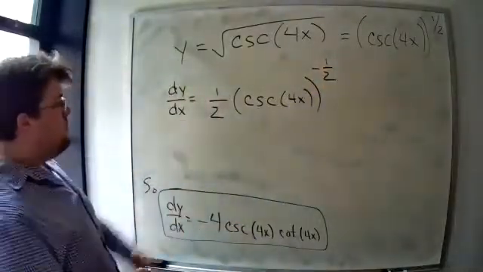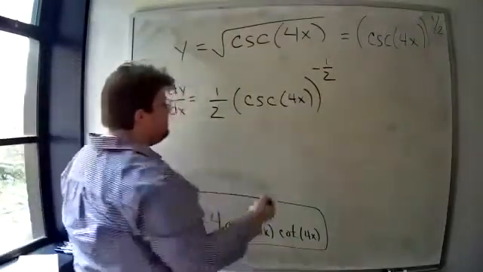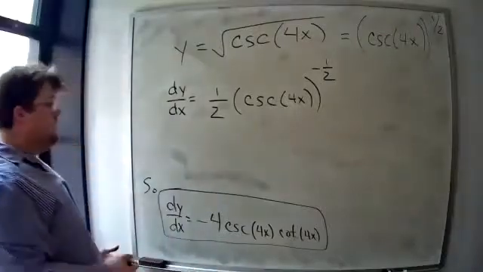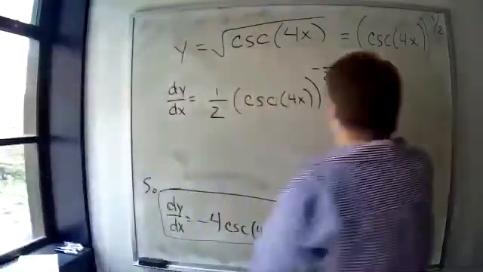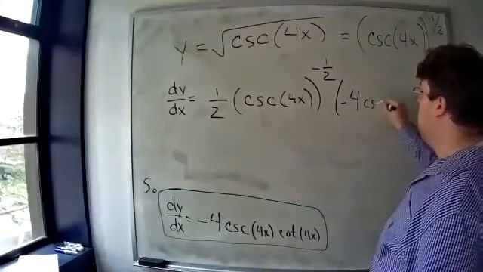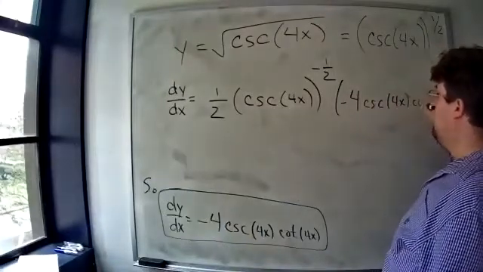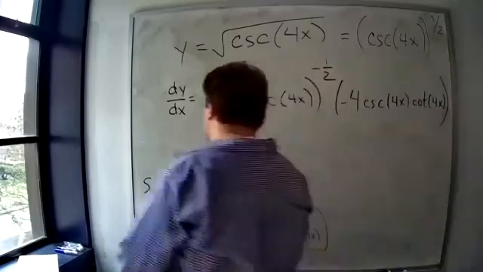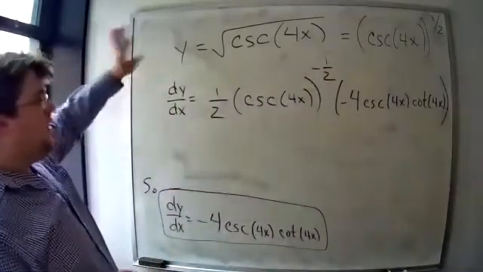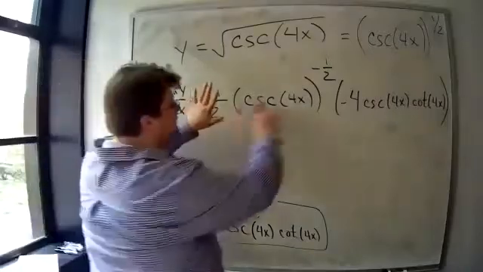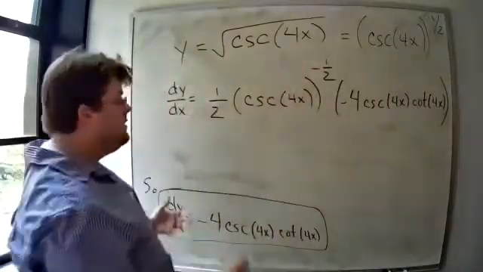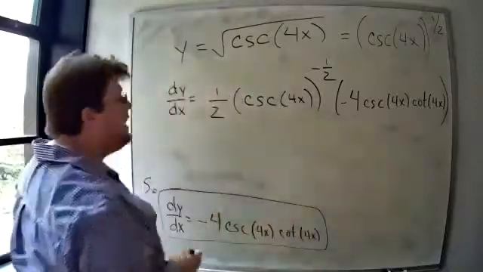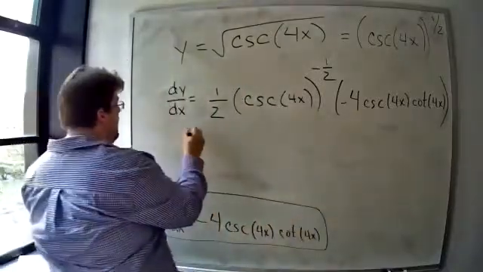Then you need to multiply by the derivative of cosecant of 4x, which we have from part E. So here we have a function to the 1/2. Derivative is half of it to the -1/2, and then times the derivative of cosecant of 4x, which we conveniently had for part E.